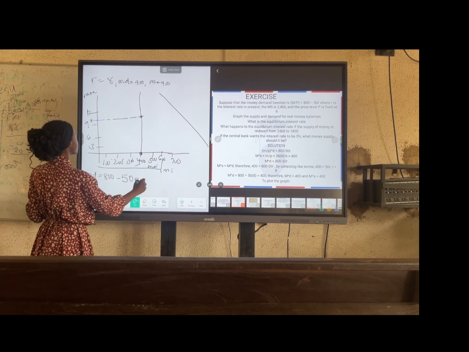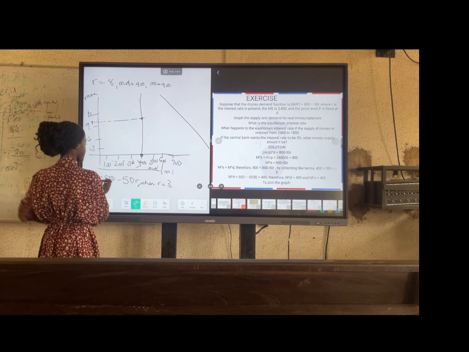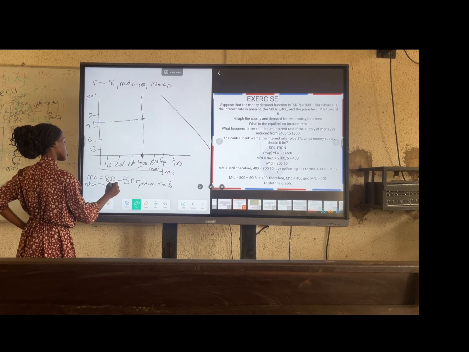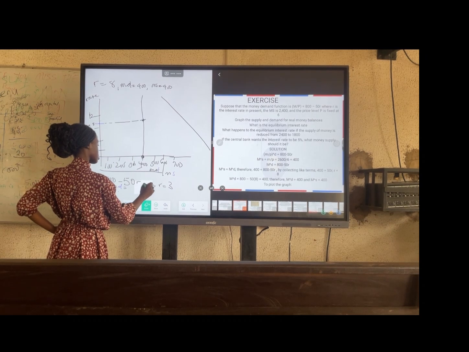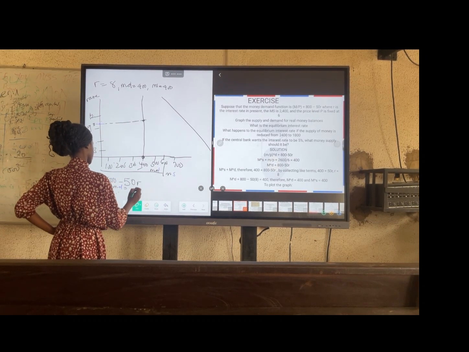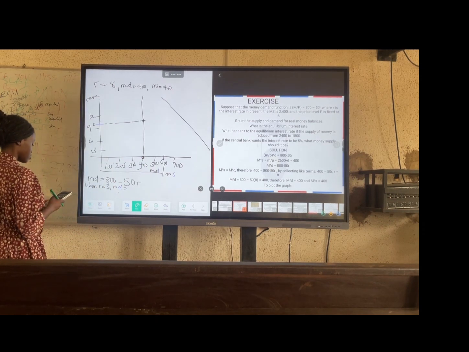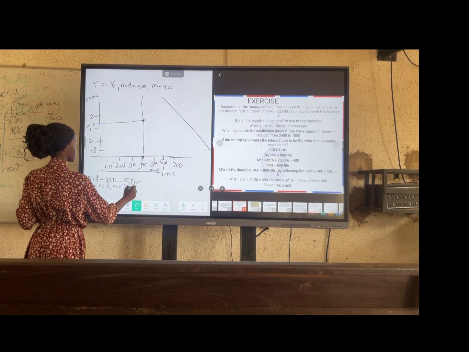Then, let's start from 3. When R is 3, money demand equals 650.